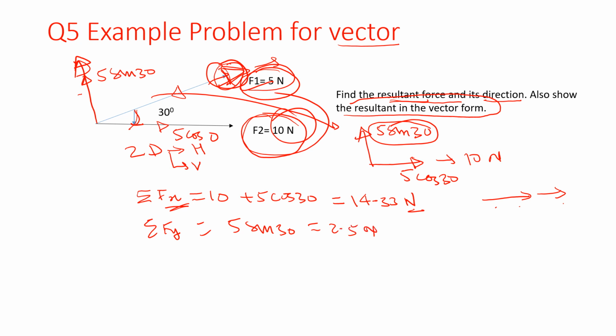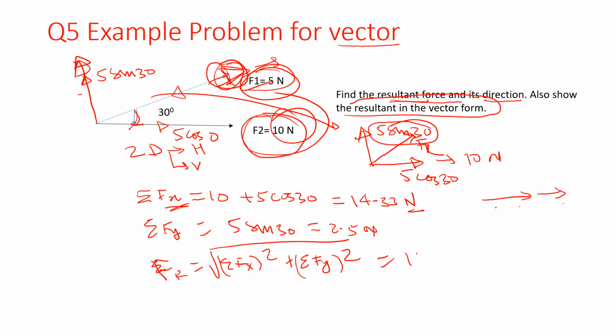Now you can use the rectangle law for the resultant force. This is the resultant force here. Using the rectangle law, the resultant force is the square root of summation of Fx whole squared plus summation of Fy whole squared.